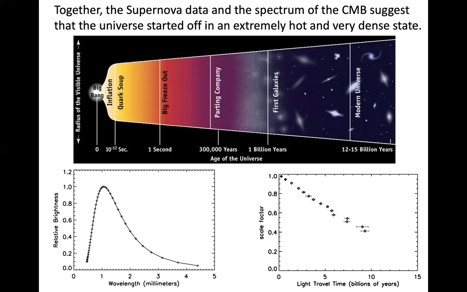And so this is why we think the universe started out in a very hot and very dense state, and it's been expanding and cooling ever since. This is what we really mean when we say the words Big Bang. It's that hot, dense state in the early universe.